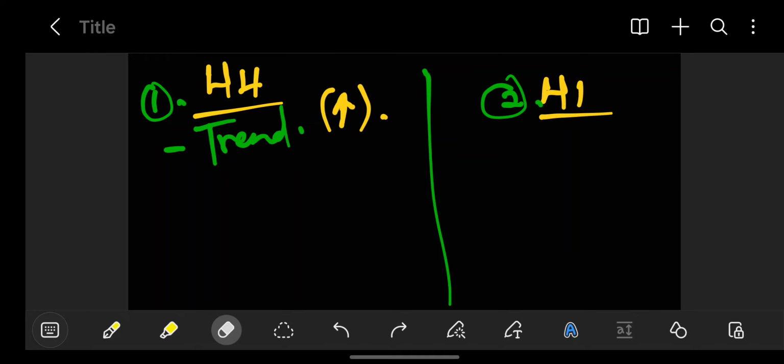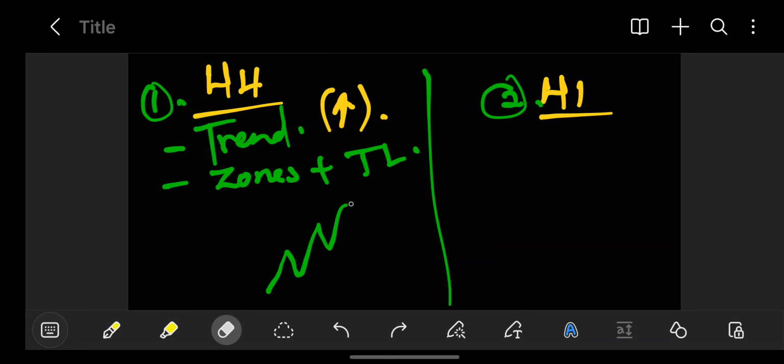And on the very same H4, after taking your trend, the price is going up. Then you need to mark your zones and a trend line. So if we're going up like this, you say, this is, for example, my support and this is my bullish trend line.